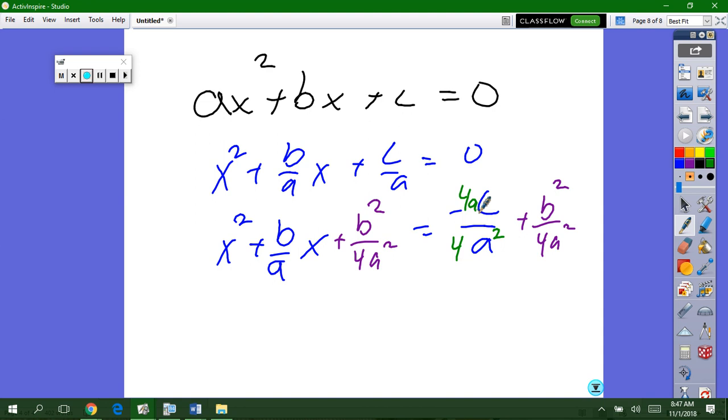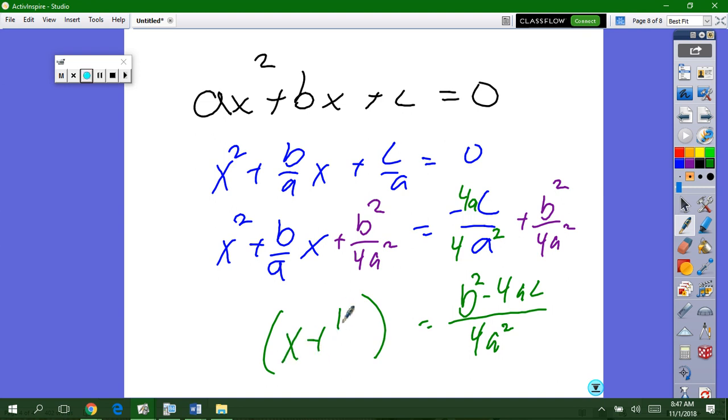Okay? Now notice they have a common denominator, so I can put that together and say that's b squared minus 4ac all over 4a squared. Questions there? Okay, this over here is now a perfect square trinomial, right? How do we put that into a squared thing? Take him in half.